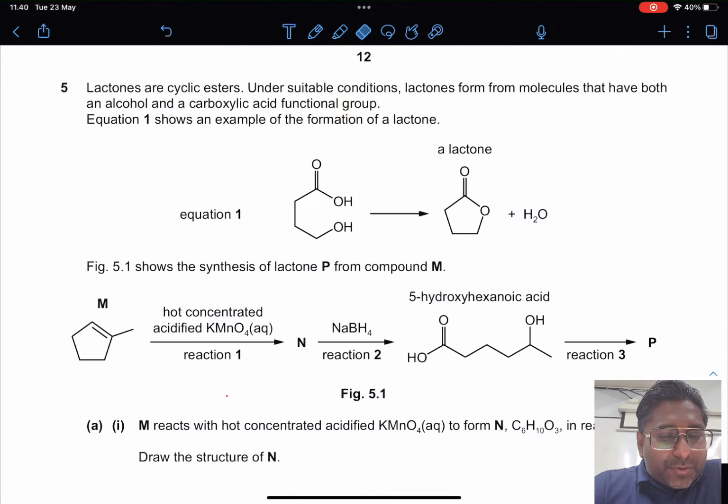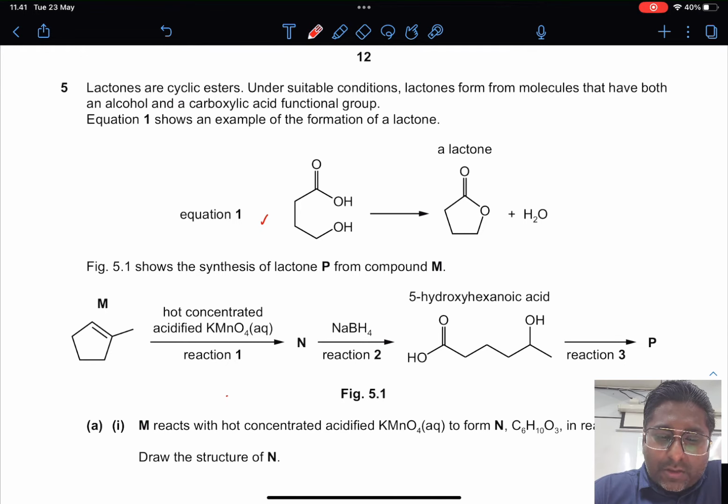We will look into question number 5. Lactones are cyclic esters. Under certain conditions, they form from molecules that contain alcohol and carboxylic acid functional groups. This is an example of the formation of a lactone.